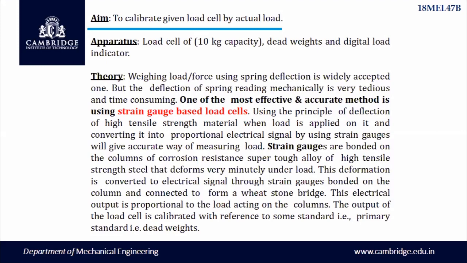This deformation is converted into an electrical signal with the help of the strain gauge, which is connected to a Wheatstone bridge. So the change in electrical resistance finally indicates the amount of load applied on the load cell.